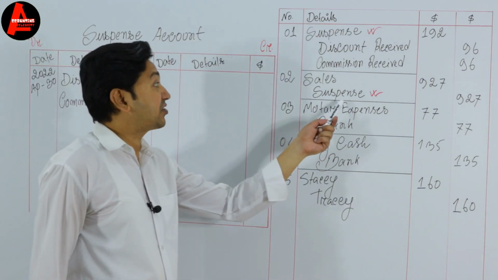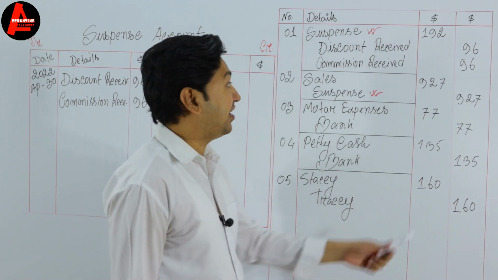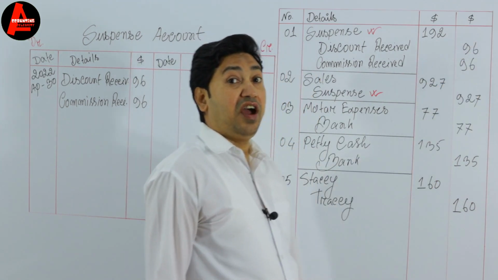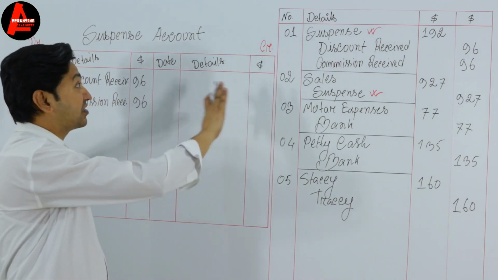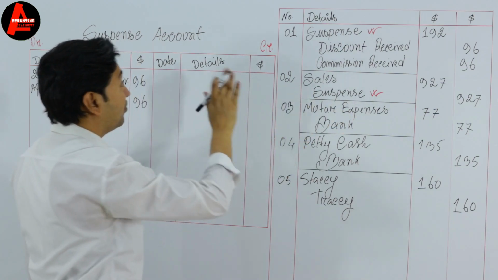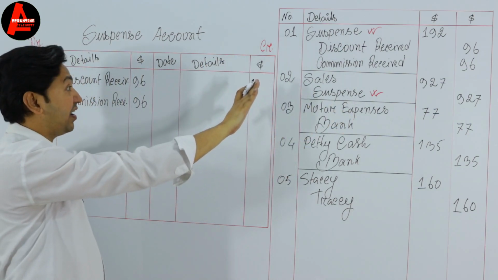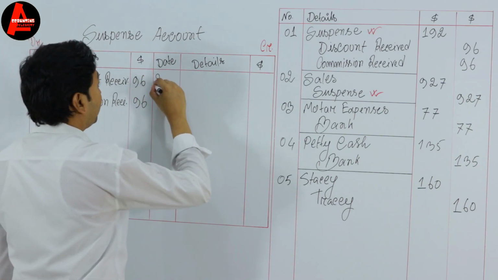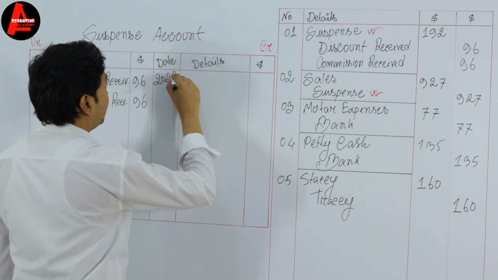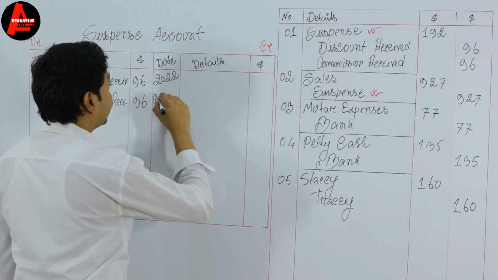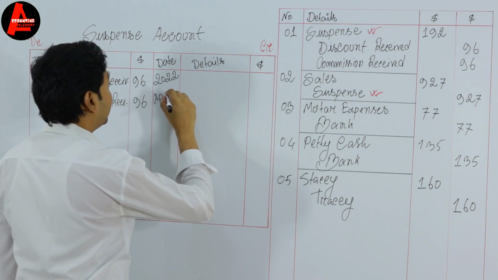Here we have suspense on the credit side, 927 in the credit column. So now we will go to the credit side, not the debit side. Suspense is credited, so we will come on the credit side. Let us write the date first, 2022, April 30, the last day of the financial period.